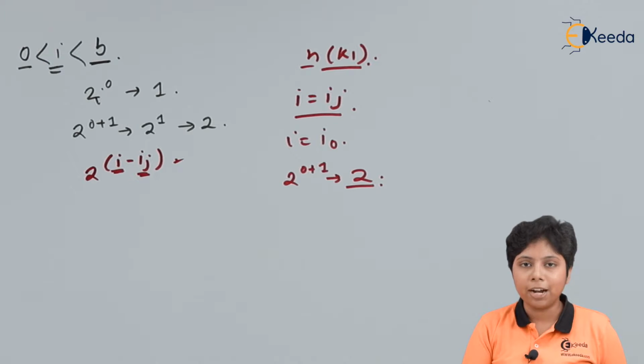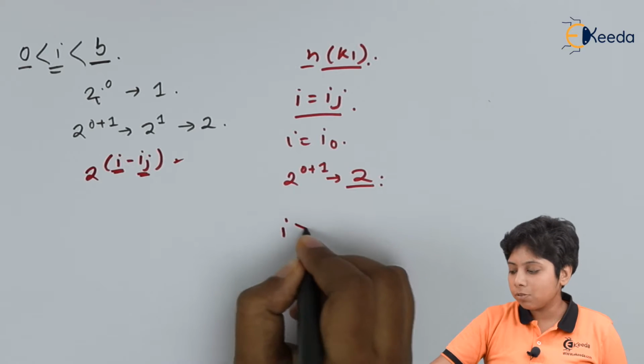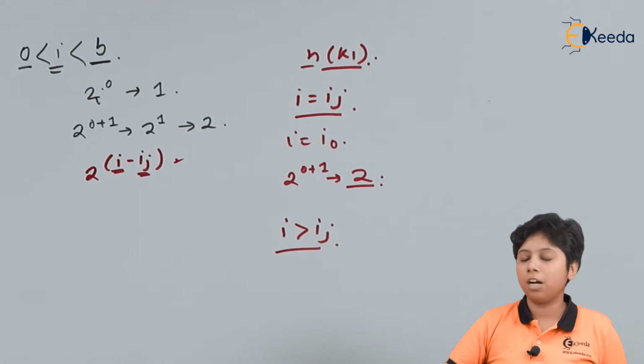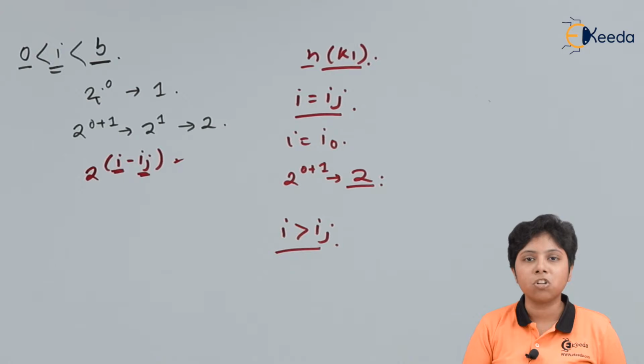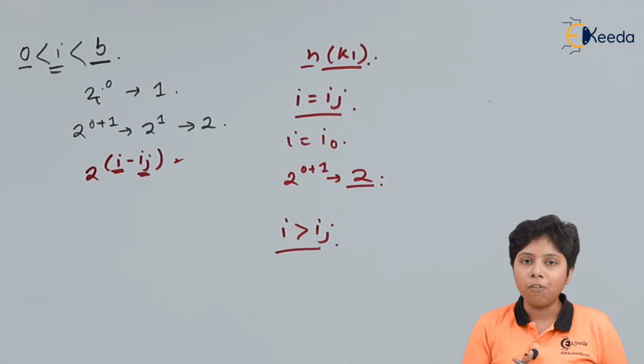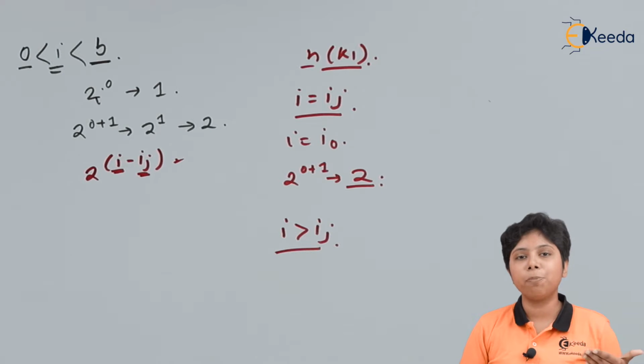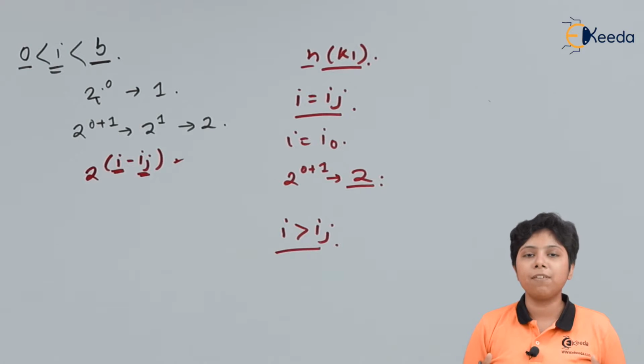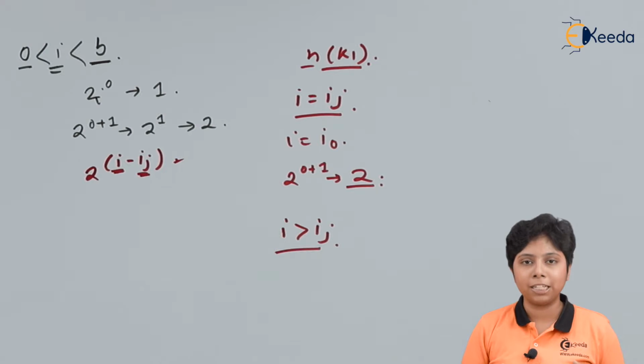Now the second scenario is that i is greater than ij. That means there is more than one pointer or record that is pointing to bucket j. Now we definitely need to split up the buckets, without increasing the size of the bucket. After splitting up the buckets, we can then add the information to bucket j.